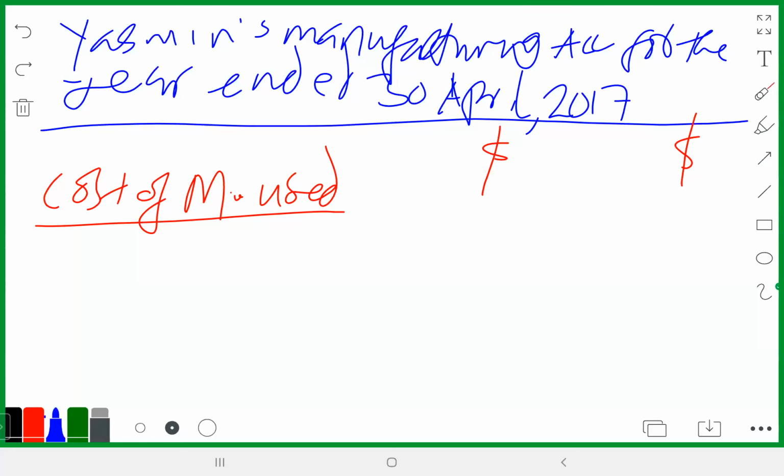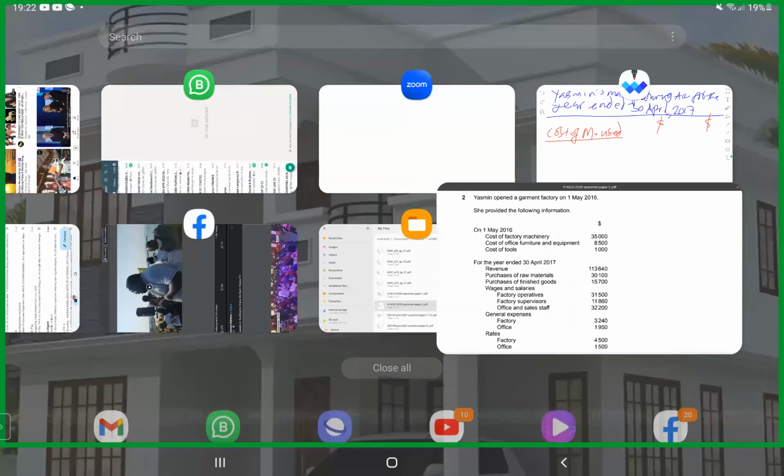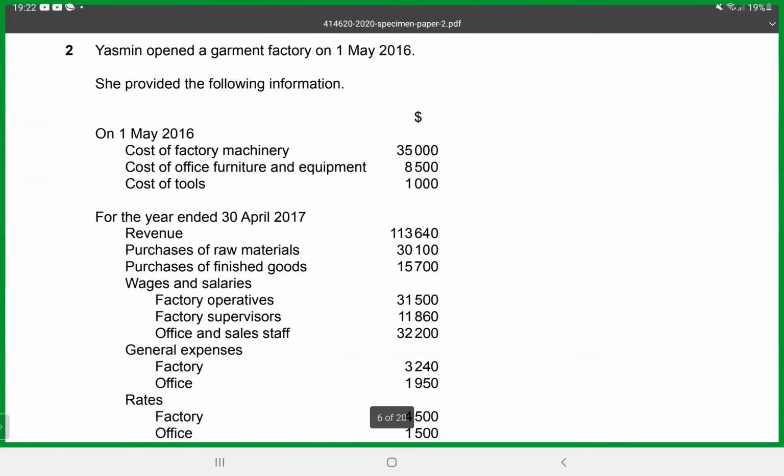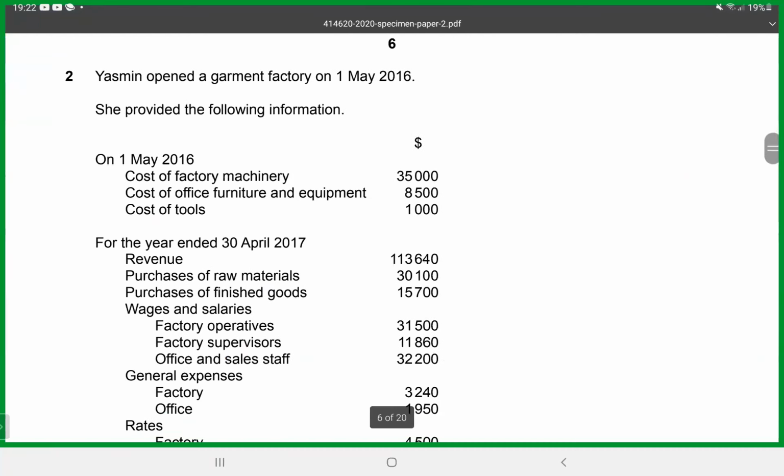Check if you have the opening stock. The raw materials will start with the opening stock of raw materials. Do we have the opening stock of raw materials? Remember, this period started in May 2016, and it is closing in April 2017. So do we have the opening inventory of raw materials?